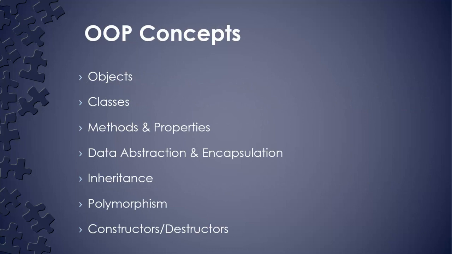The concepts include objects, classes, and in classes we can have methods and properties, data abstraction and encapsulation, class inheritance, polymorphism, and constructors and destructors. We'll be going over all these through the course.